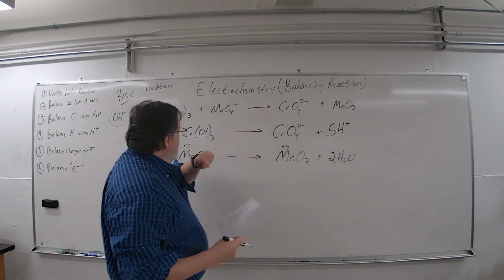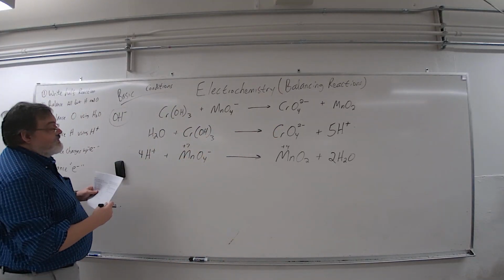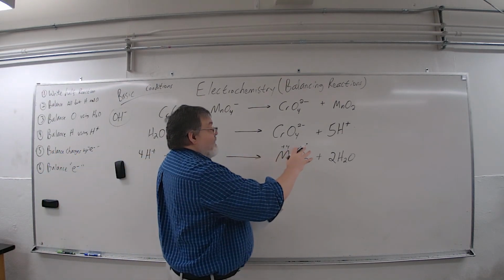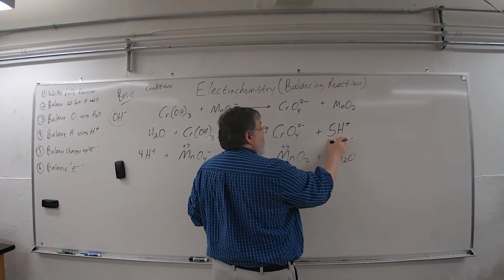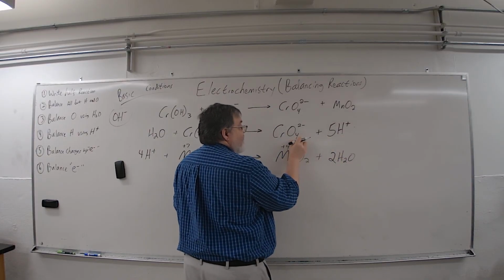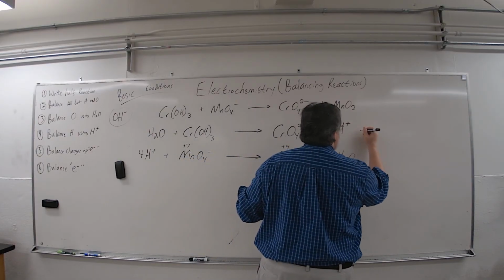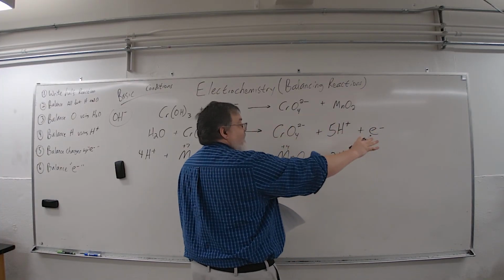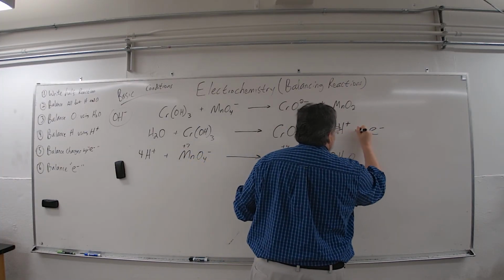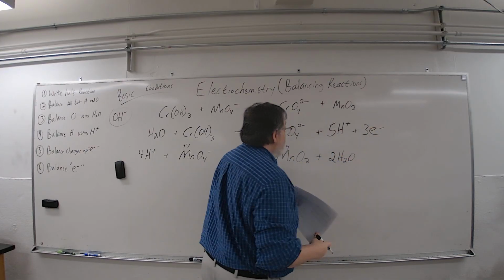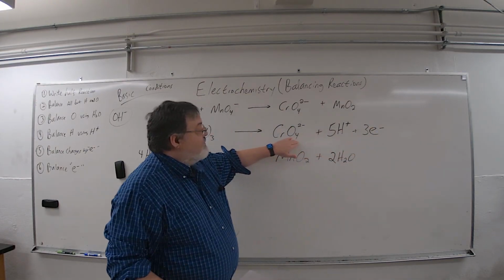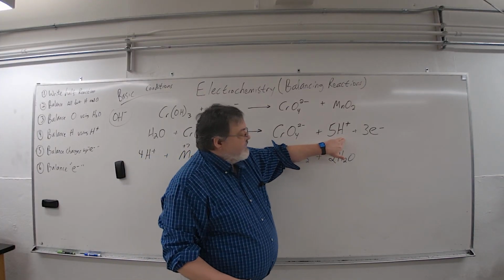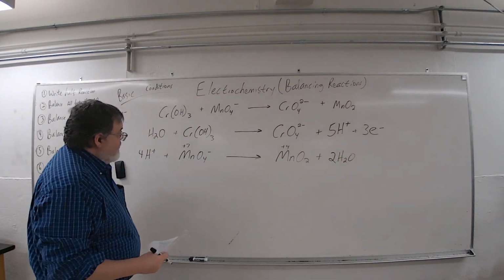Even without looking at that, to get the charges to balance, they're completely neutral on this side. So to get this neutral, I have 5 pluses and 2 negatives, so I need 3 more negatives. So these neutralize each other. 3 negatives plus 2 more negatives is a total of 5 negatives, balanced with 5 positives.